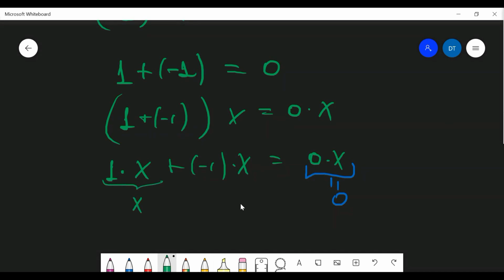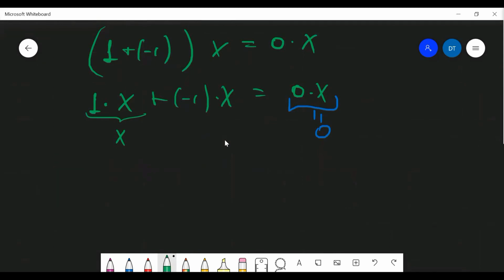So we have x plus minus 1x equals 0. And now, as you can see, the element satisfies the property of the inverse element for x with respect to addition, and addition is commutative.